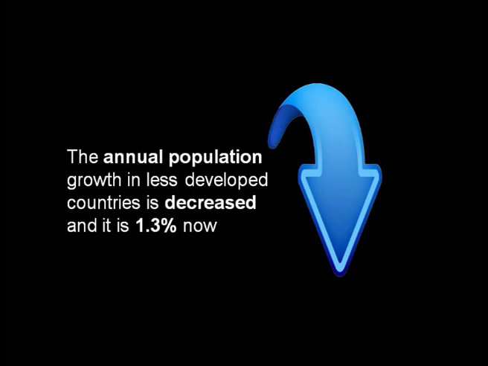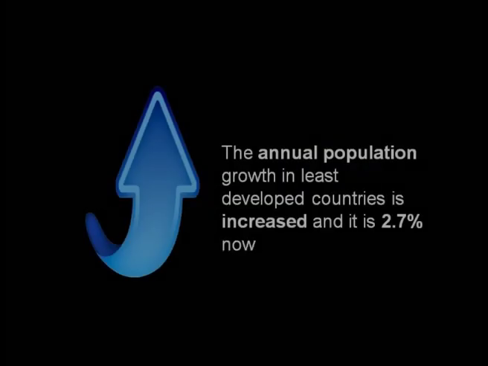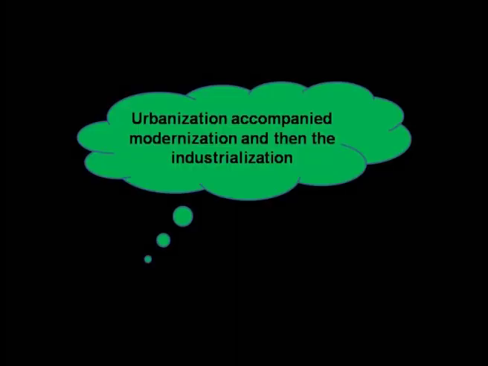Growth in population among the less developed countries, excluding the least developed countries, has also been slowing down since 1960 and at present has 1.3% of annual growth. Population growth among the least developed countries has not slowed, but it is the highest at 2.7% of annual growth.